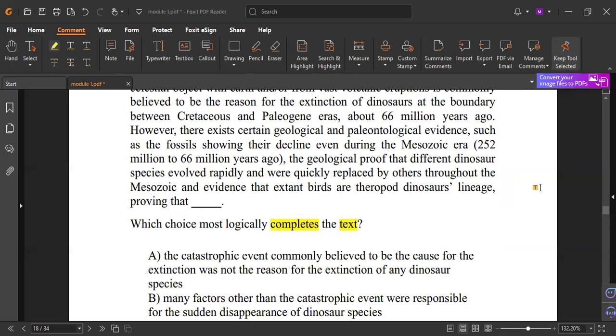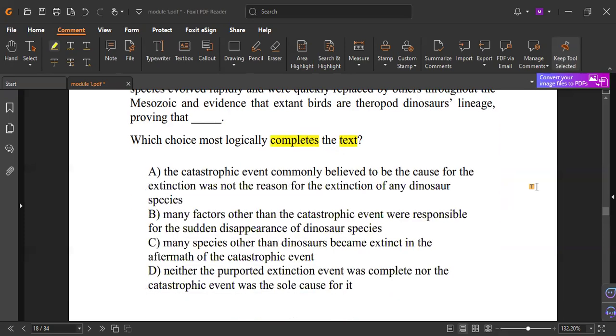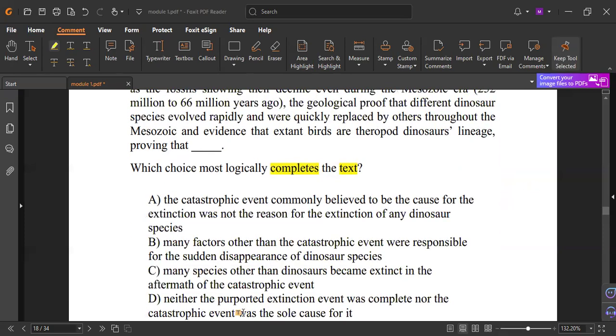A. You think it's letter A, but I don't think so. But we need to know why A could be wrong.